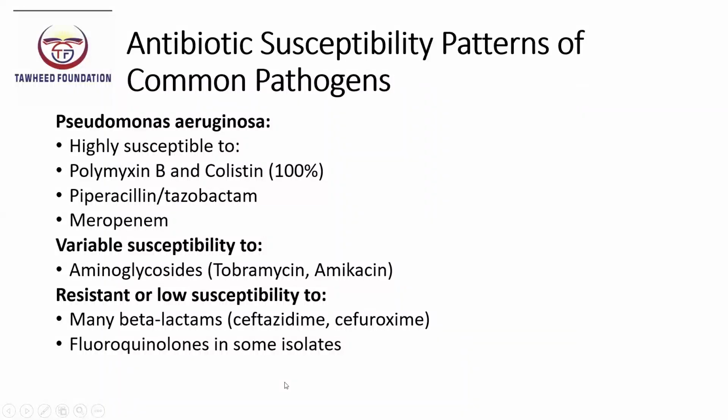Approximately 40 to 50% of isolates will display multi-drug resistance, underscoring the critical need for susceptibility testing to guide therapy. These complex resistance landscapes mean empirical treatment should be guided by local susceptibility data, and prompt identification of resistance mechanisms is essential to optimize patients' outcomes.